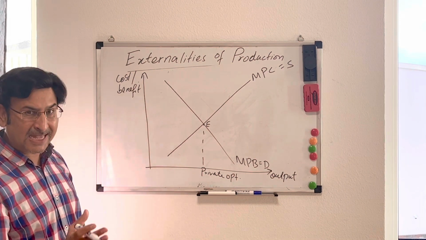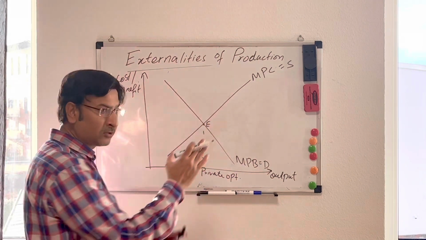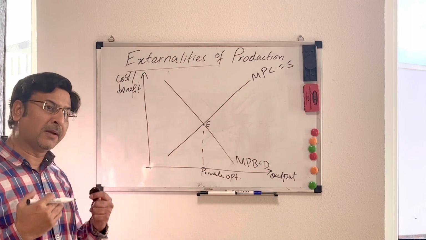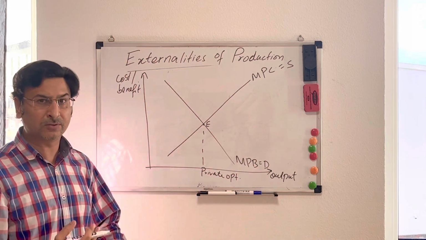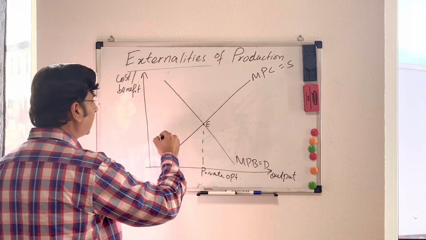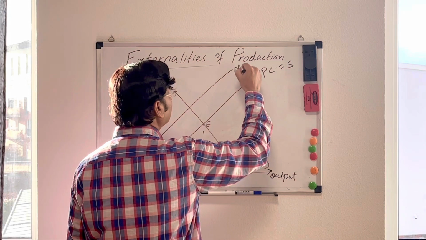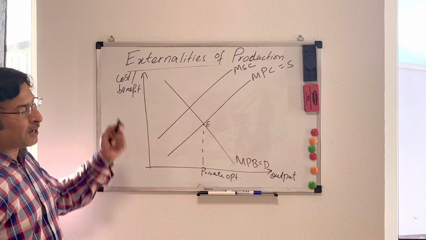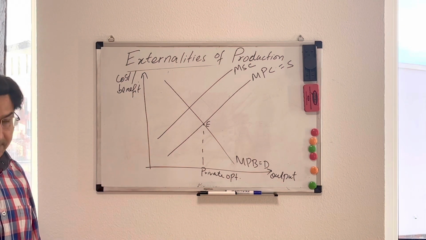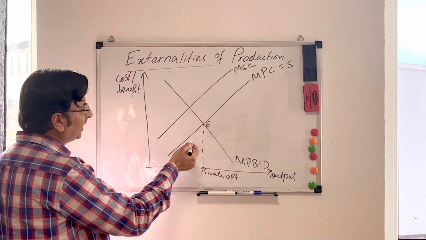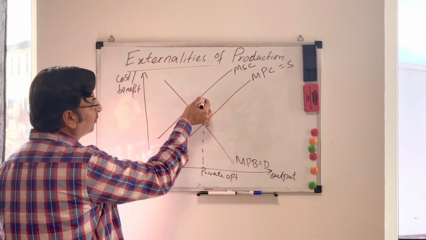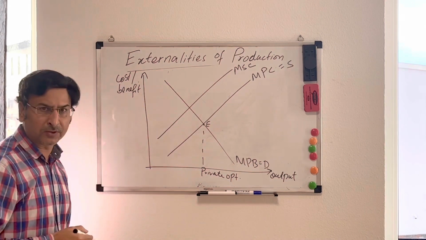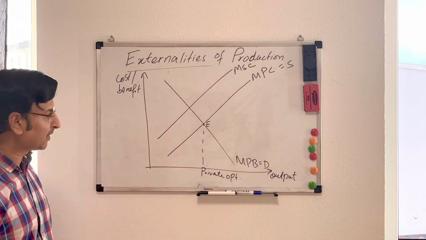And since that added to the private cost together brings a higher cost to the society, your marginal social cost would be to the left of your marginal private cost, showing that this particular level of output gives higher cost to the society, including the external cost.